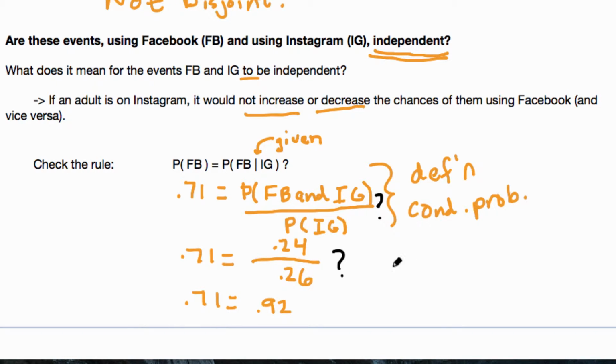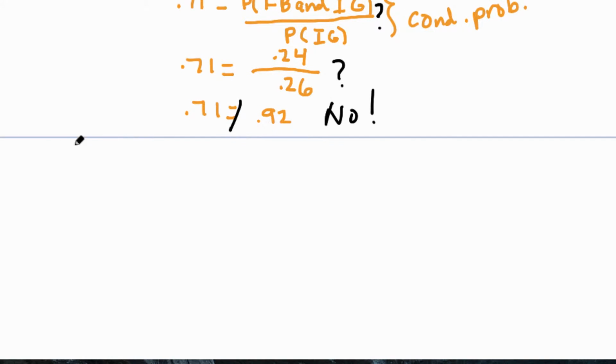So are those two numbers equal? No. I'm going to put a slash through this. These numbers are not equal. So what this is saying, 71%, that is the plain old chance of someone being on Facebook. Okay, if you looked at the crowd, 71% of them are on Facebook.